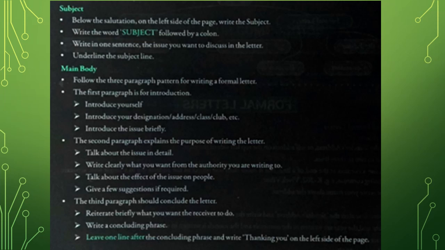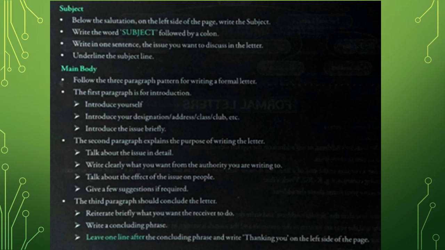And the main body of the letter follows the 3-paragraph pattern for writing a formal letter. The first paragraph is for introduction. If you are writing to the principal, you may know the principal, but it is not necessary for her to know you, because out of 1,000 and odd students, the principal may not know you personally.